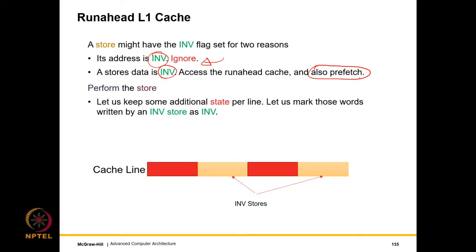The job of prefetching would be to bring the block closer to the core, which means bring it to the L1 cache. This should definitely be done. We should perform the store. We can keep additional state per line where we can mark those invalid stores as INV. So in a single cache line, it's possible parts of it might be invalid, parts of it might be valid. Then when the run ahead mode returns, some state management has to be done.